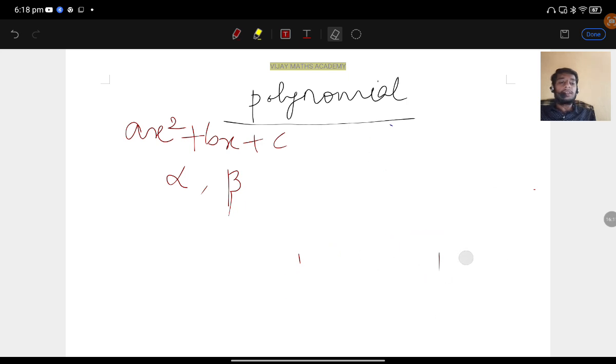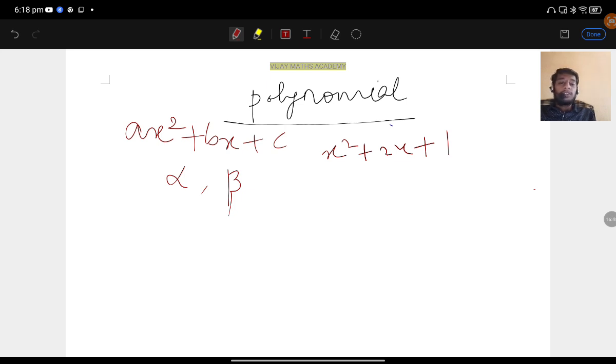Next, quadratic. Here I will take one example to show you: x square plus 2x plus 1. How many times the graph cuts the x-axis, that you have to see.